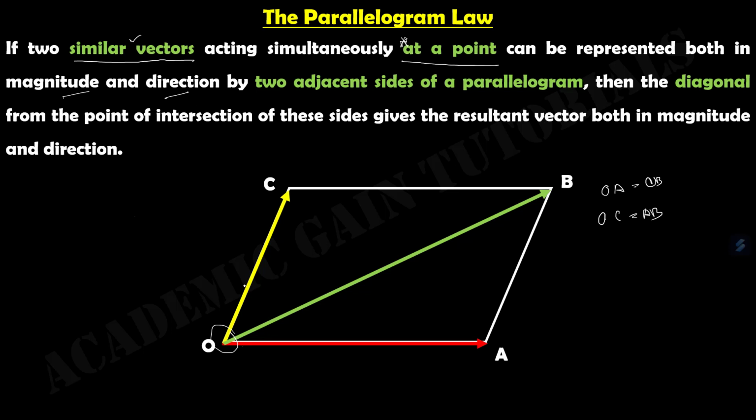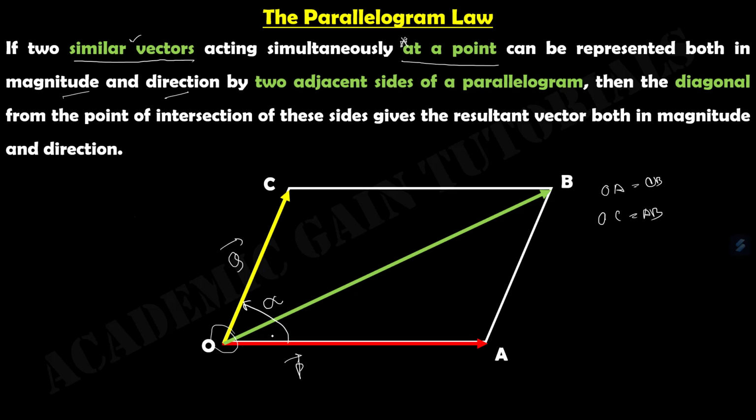Now, briefly discuss this parallelogram OABC. Suppose two vectors P and Q are acting at the same time at a point O. This is the point of acting, the point O. At an angle alpha, the angle between P and Q, suppose we take this as alpha.